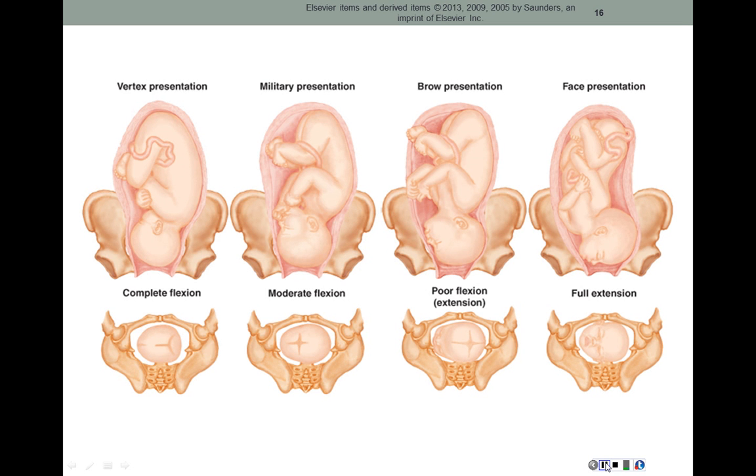Poor flexion is when we have even more extension, and we're at one of the bigger areas of the head, and then we have full extension, and this is where baby is presenting face first, and that is the largest diameter and size of baby's head.